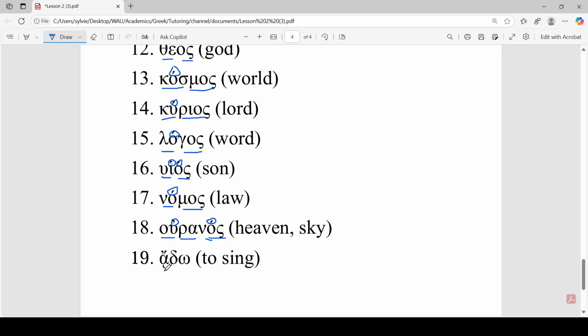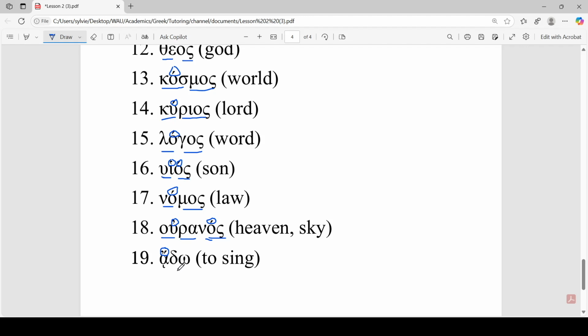Finally, we got our word. This is a verb that means to sing. And just like anthropos, we have both the smooth breathing mark and the acute accent on the same letter and the same syllable. And what do we have here? Do you remember? Well, right. It's an iota subscript. And it doesn't affect the pronunciation of the word.